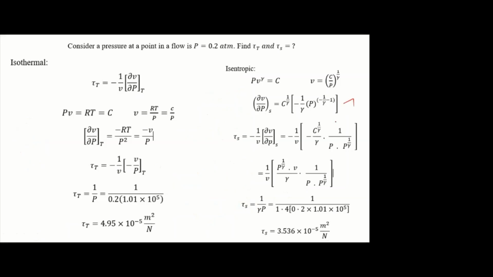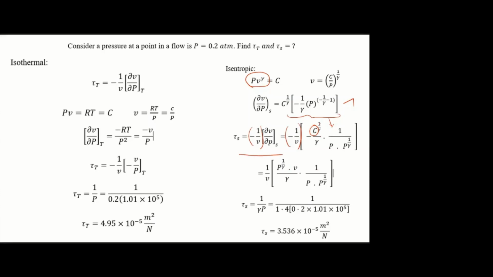So we are getting this term. Then the remaining is simply a normal simplification. They are taking this C inside, and this dV by dP they are substituting in the compressibility equation, minus 1 by V into dV by dP. Then simplify. Another thing, instead of this C, they are substituting PV power gamma, because we don't want the C in the final term.